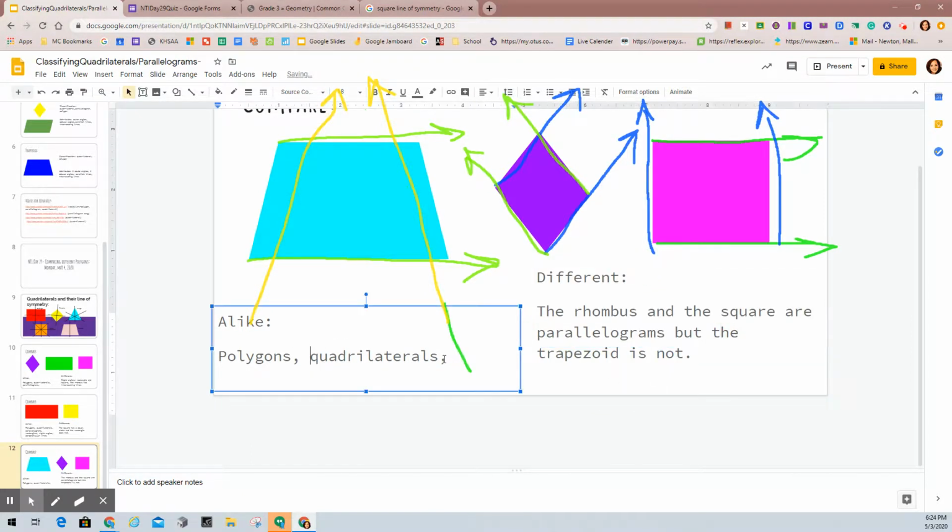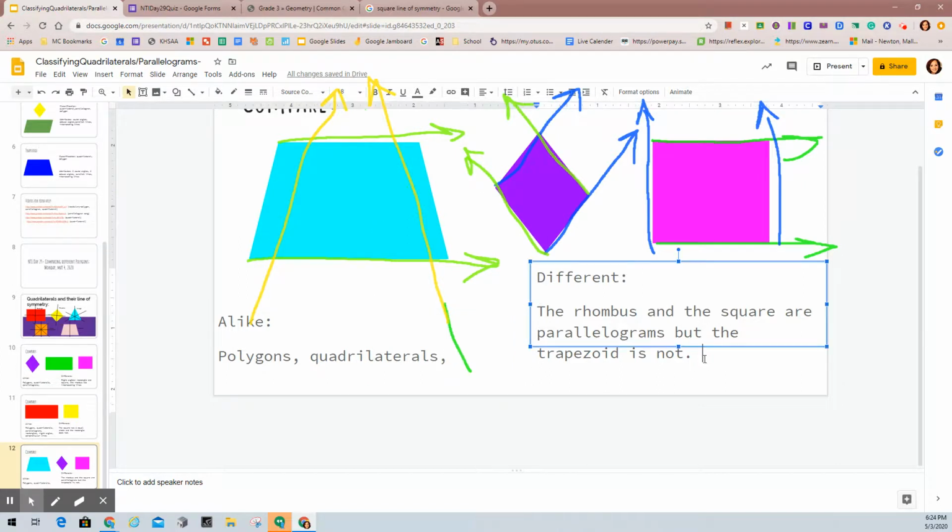Okay. All right. Next on my list, are they all the same shape? No, they are not. Do they all have acute angles? Well, my rhombus does, and my trapezoid does, but my square does not.